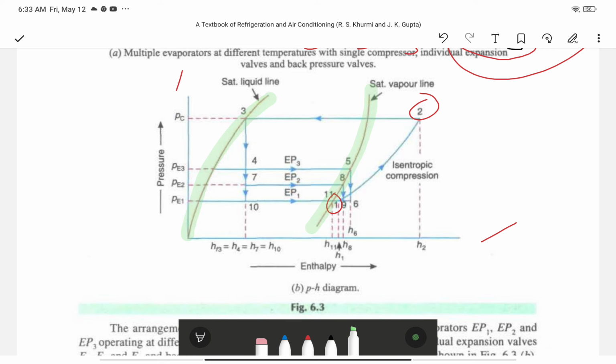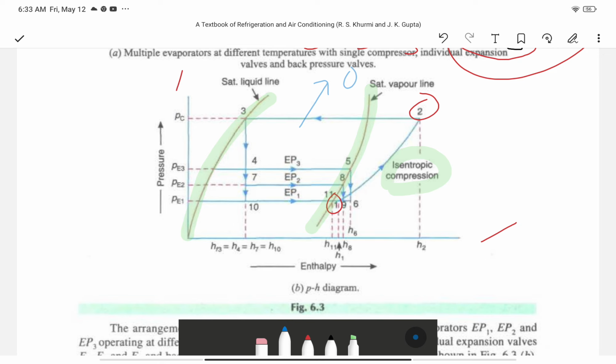And we assume isentropic compression at that point. So from 1 to 2, and then 2 to 3, it is still the same.